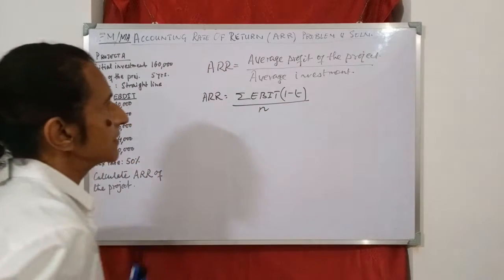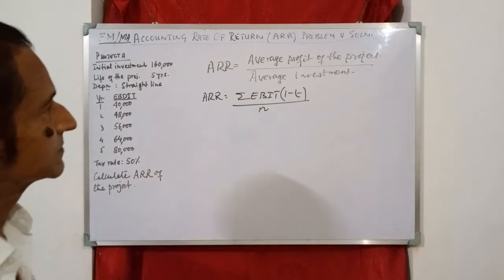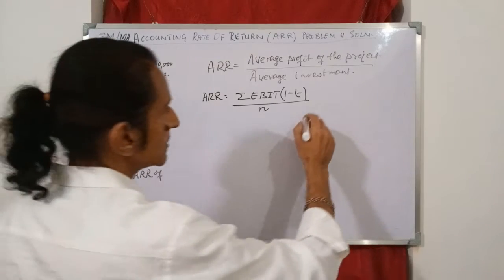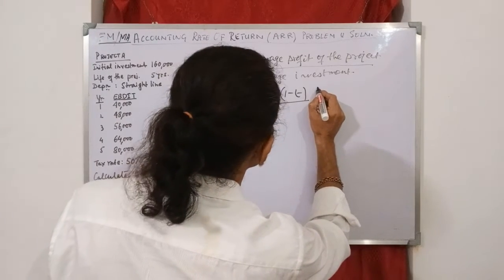N is the life of the project, that is the number of years during which the project is providing profit to the firm.